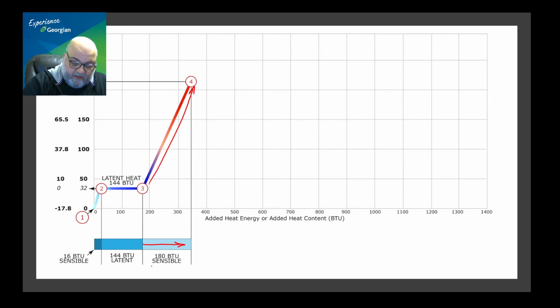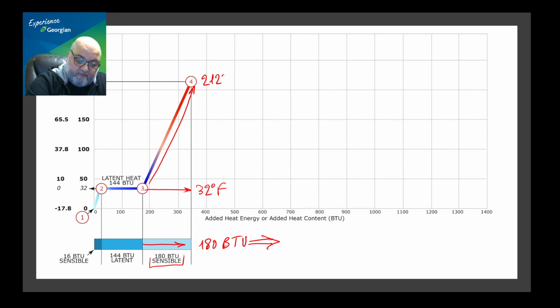Okay, so that defines the heat as sensible. Again, heat is sensible when we can sense it, and latent when we cannot sense it, meaning there is no temperature change. And as you can see, there is the pure definition of BTU right here. So by adding 180 BTUs, we caused a temperature change between point 3, that is 32 degrees Fahrenheit, and point 4, that is 212 degrees Fahrenheit.